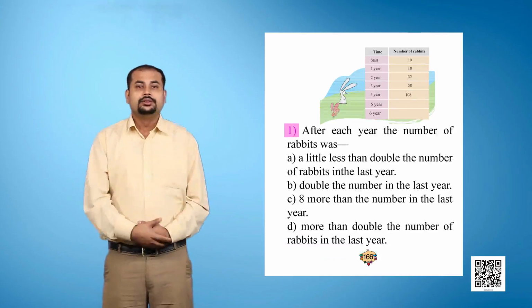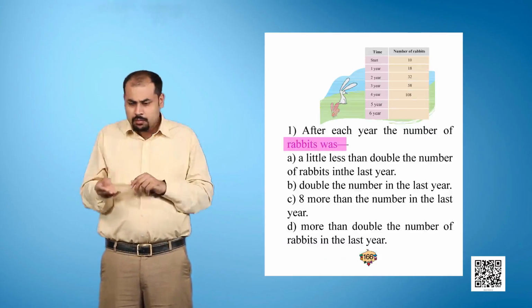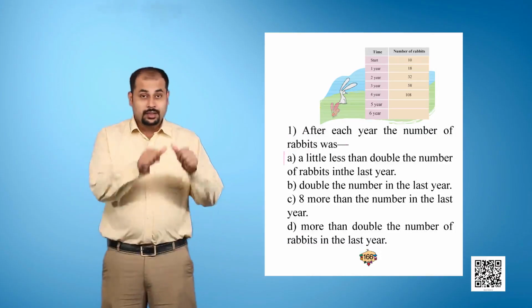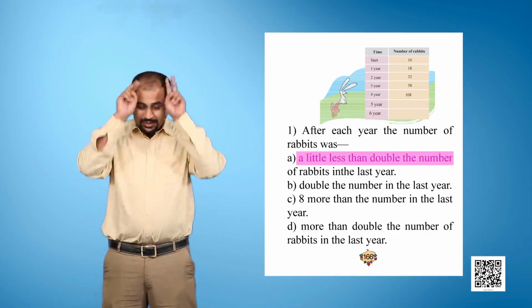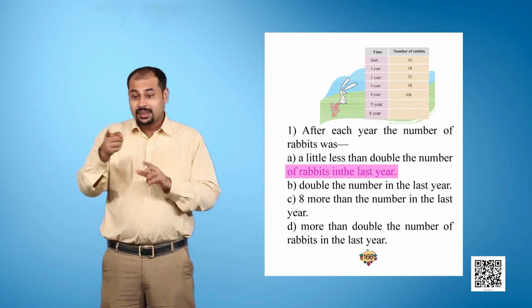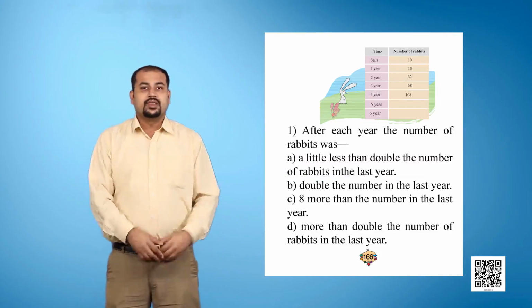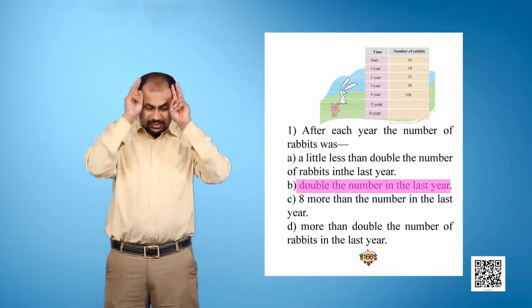1. After each year, the number of rabbits was A. A little less than double the number of rabbits in the last year. B. Double the number in the last year.